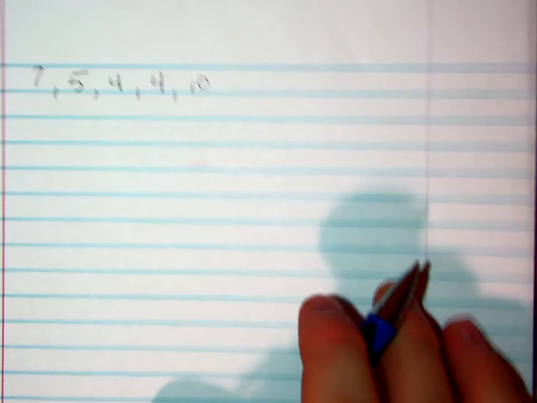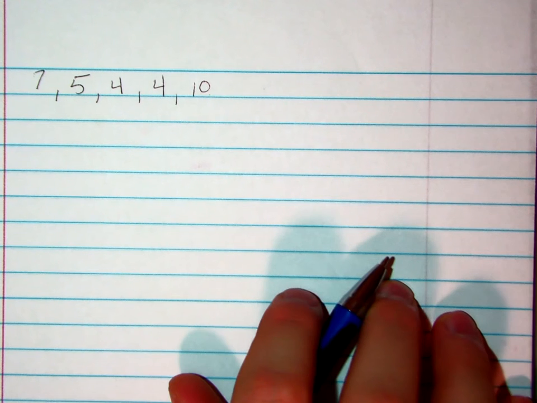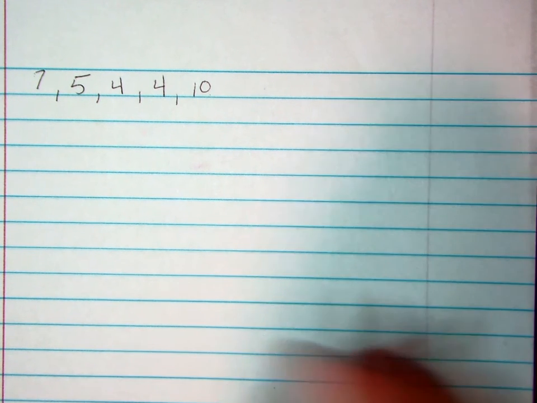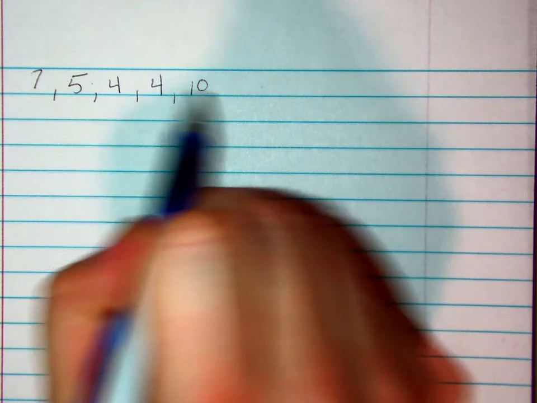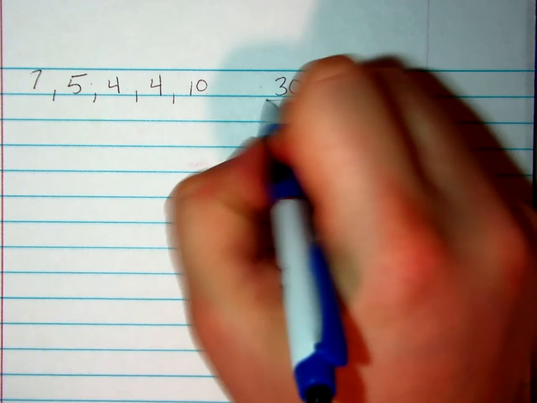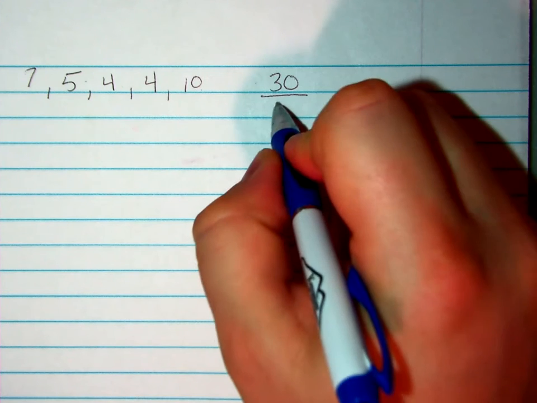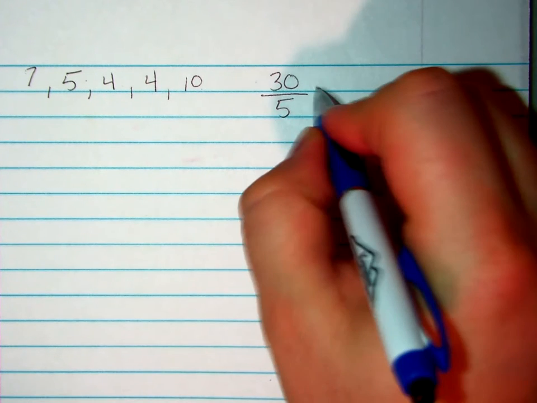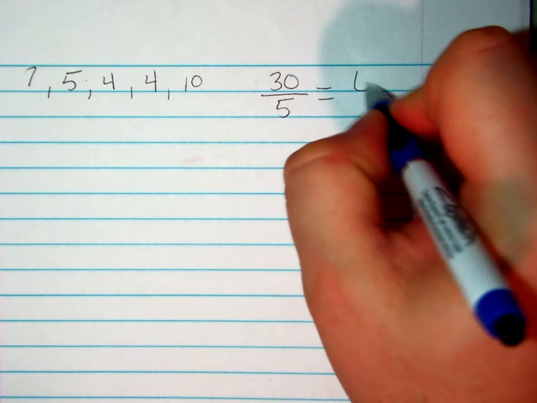And the very first thing that our worksheet told us to do is we find the mean of the data given. And so I add up all of my numbers and I get 30. And as we said, there were 5 numbers, so I will divide by 5. And 30 divided by 5 equals 6.